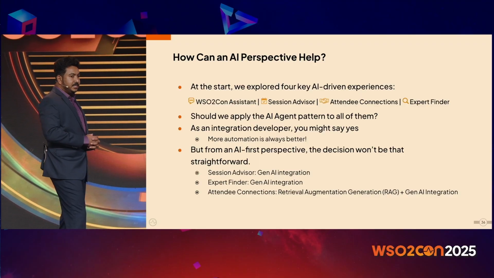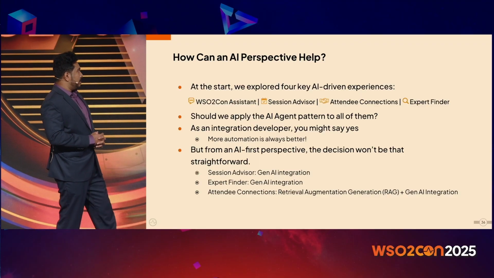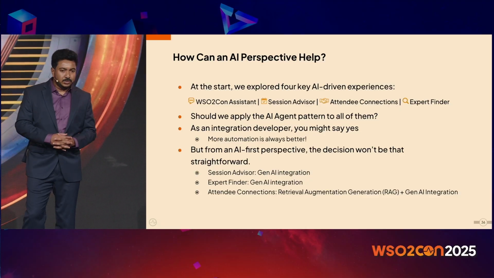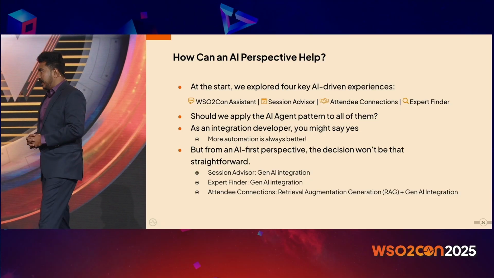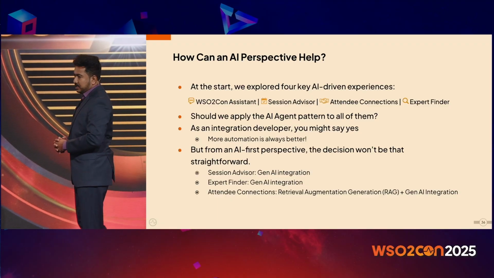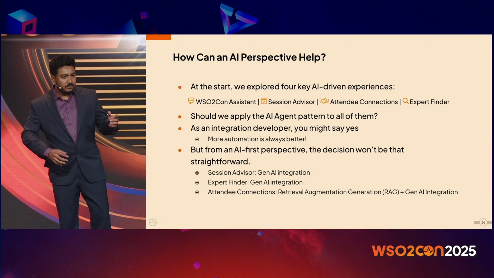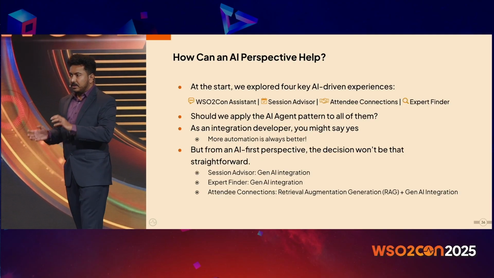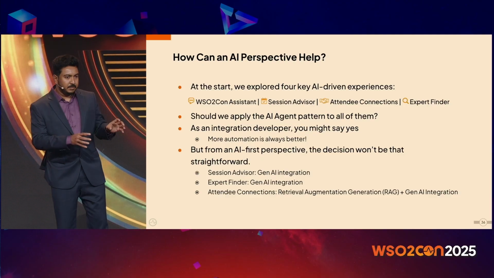And it's going to be very easy like that, right? But actually, if you think from an AI perspective, it's going to be an overkill, and also an unnecessary risk. For example, if we look at the session advisor case, where we try to give the attendees a set of recommended sessions they can attend based on their interests.